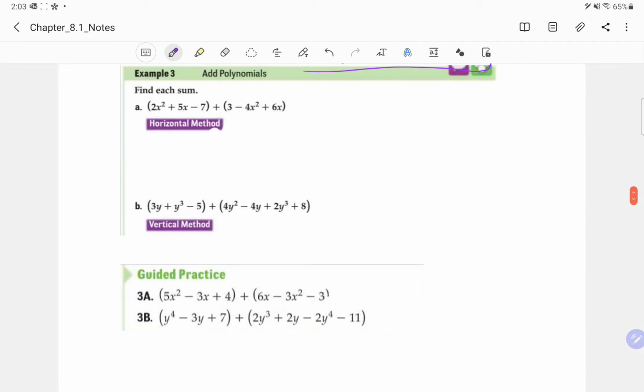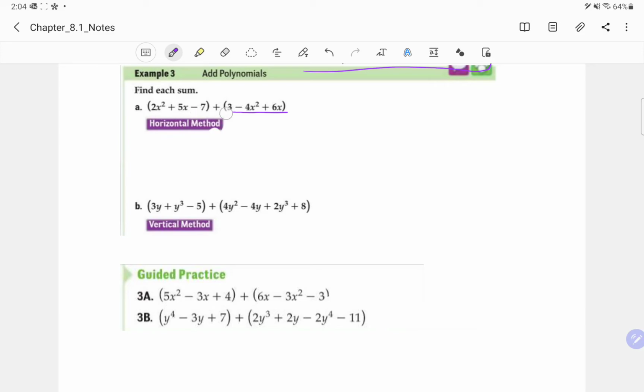All right, so then example 3, A and B, we're talking about adding. We're going to start putting polynomials together. So we have 2 polynomials, and we want to add them together. Here's my first polynomial. Here's my second one. First off, all these little parentheses, they're not actually needed.